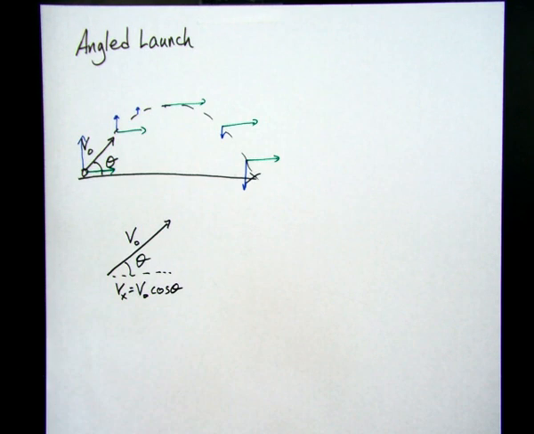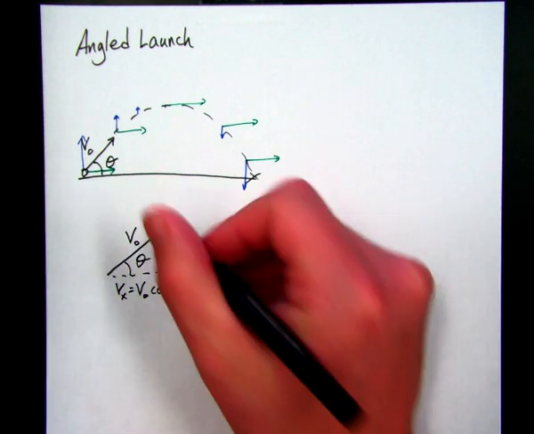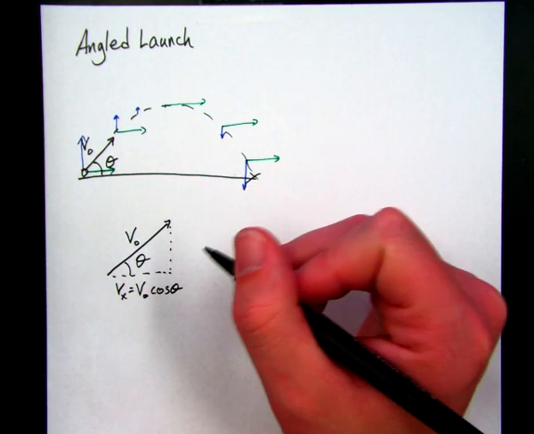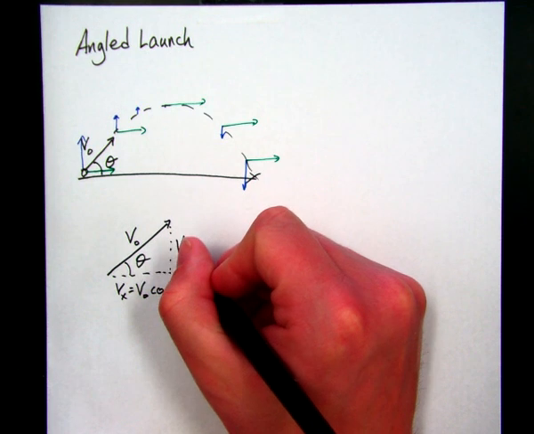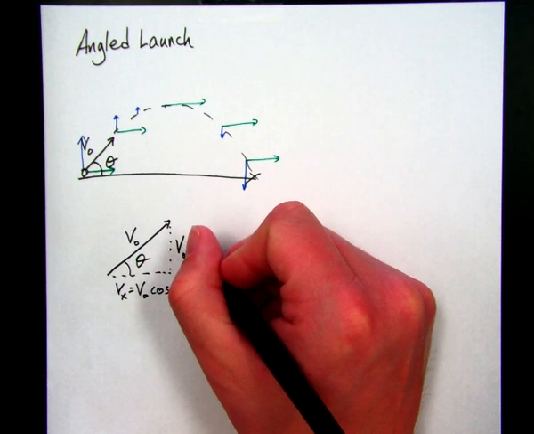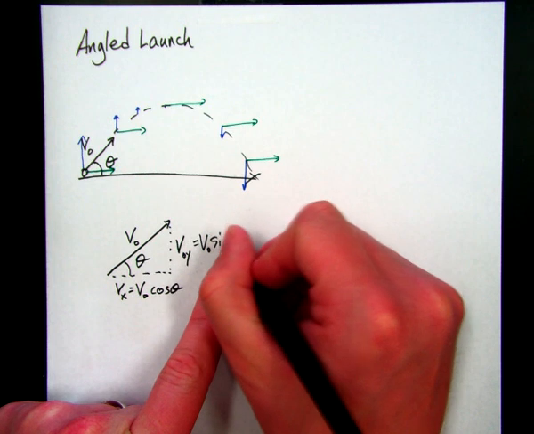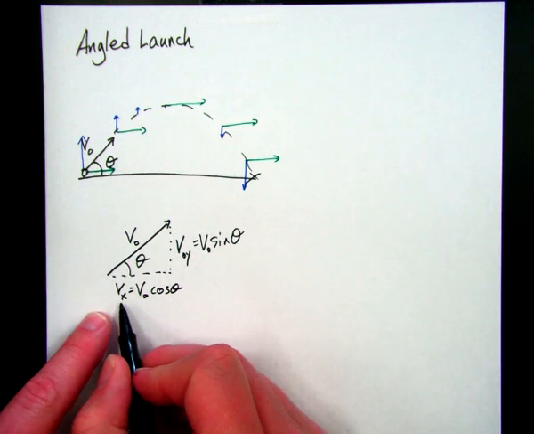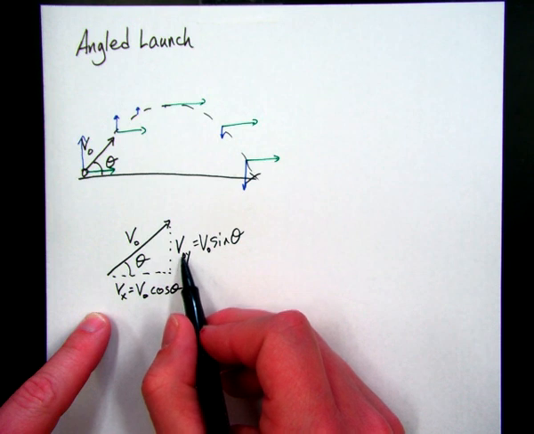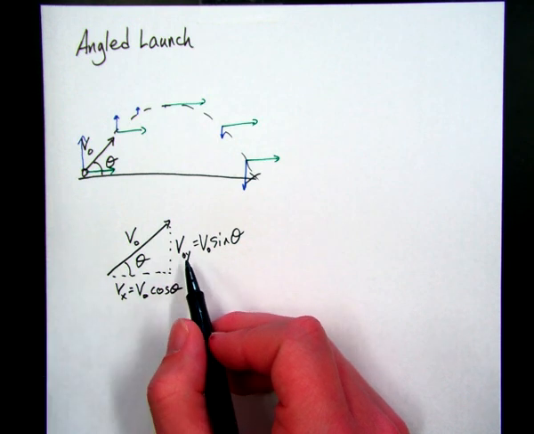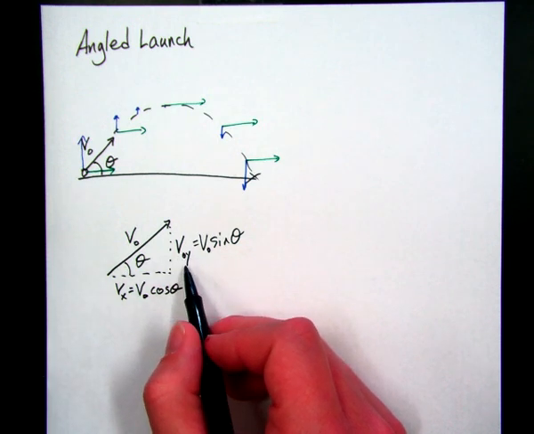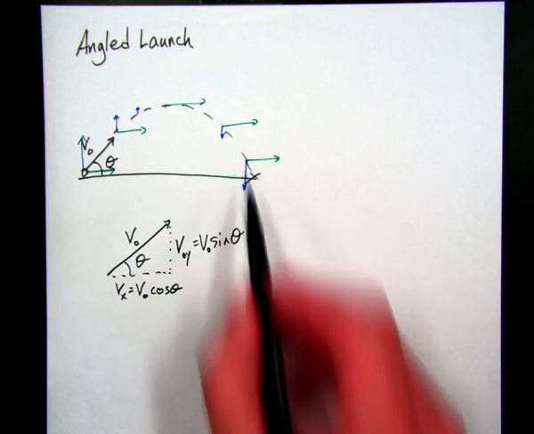And if I think of this side of the triangle, v naught y will be v naught times the sine of the angle. I don't bother writing a naught for Vx because it's not changing. I write a naught, or the 0, for v naught y because it is changing. This is the initial velocity in the y direction, but it will change throughout the flight.